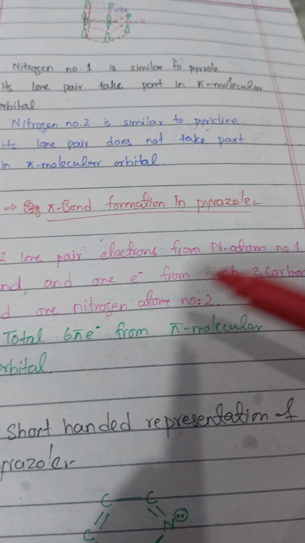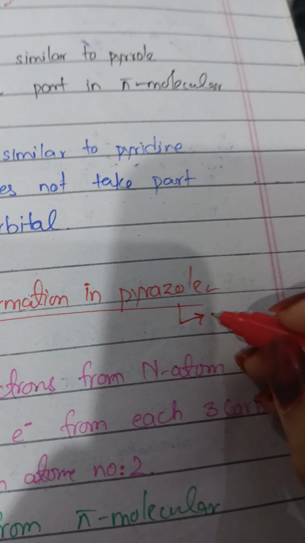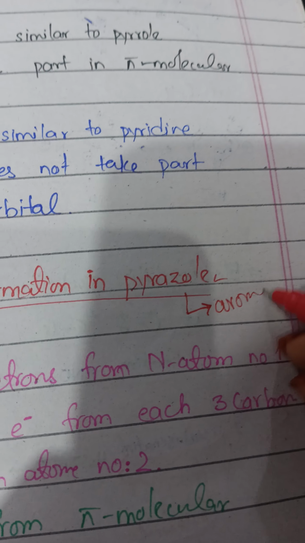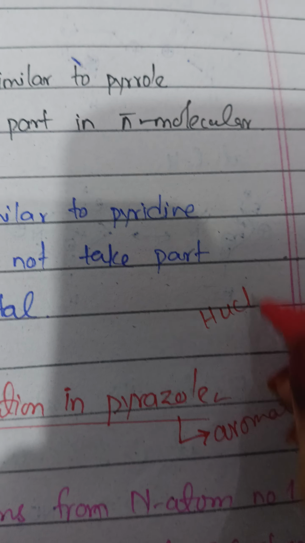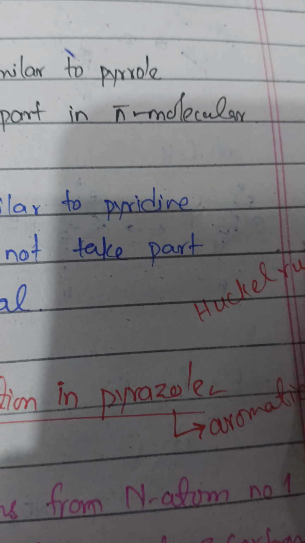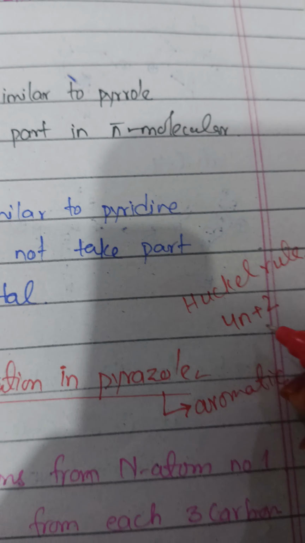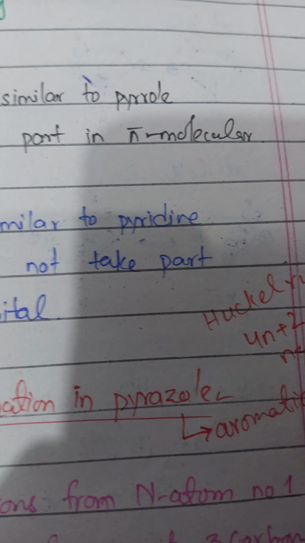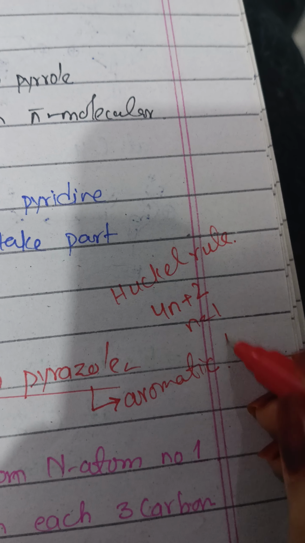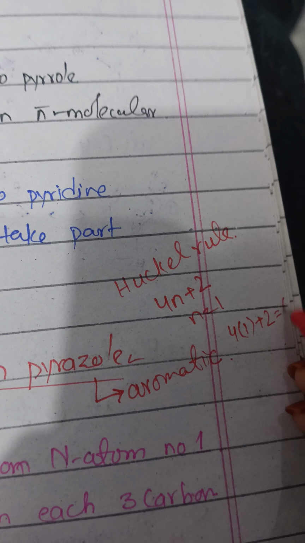So we can say that our pyrazole is aromatic, it obeys Huckel's rule. What is Huckel's rule? The Huckel rule formula is 4n plus 2. Okay, so in this compound n is equal to 1, so when we put n equal to 1 we get 4 into 1 plus 2, which is equal to 6.